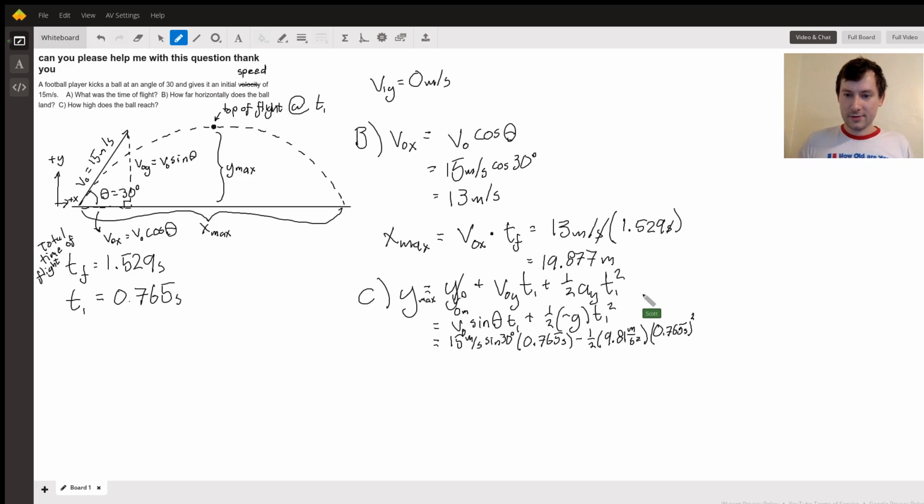And that gives us a maximum height of 2.867 meters. Again, when we work through the units, we find that they end up in terms of meters, and that should yield everything you need to do for this problem.